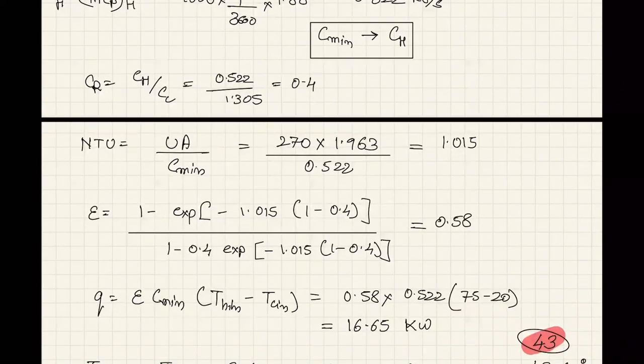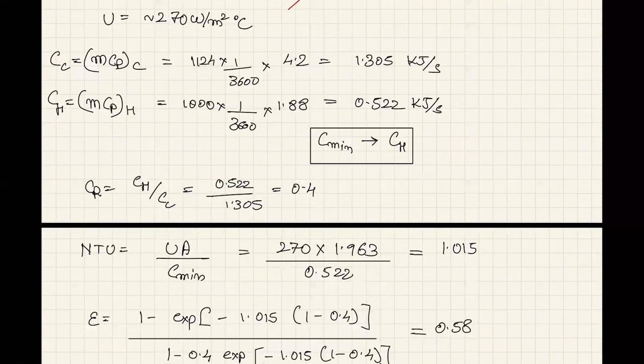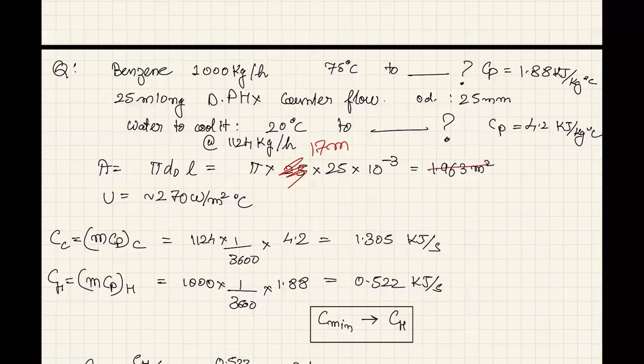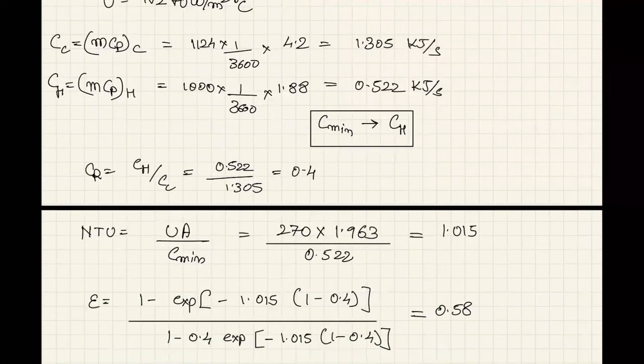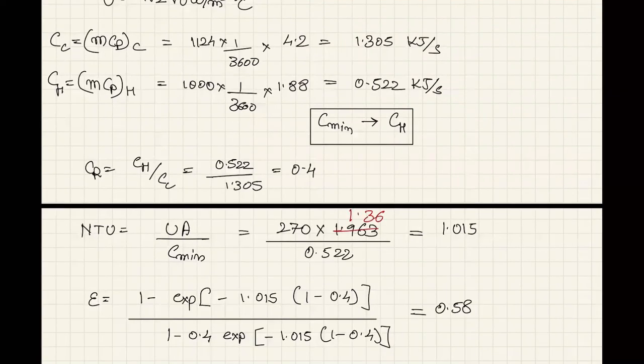Let's see. So what is the new area that we are getting if I take this as 17? 1.3. Are you sure there is no mistake? Yes, sir. 1. Okay, so what is the new value that I am getting for NTU now? 1.36 divided by 0.703.